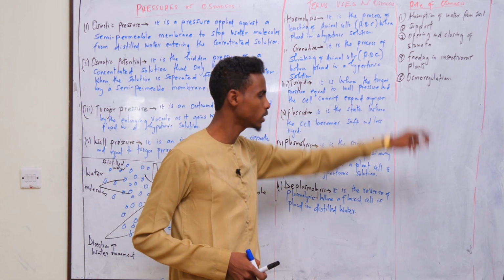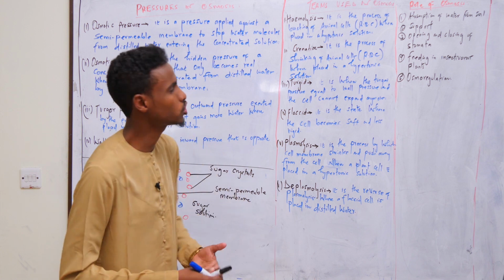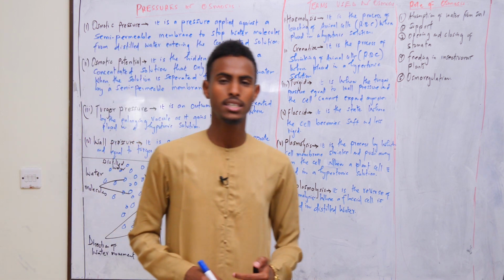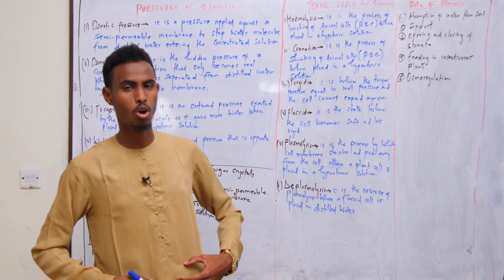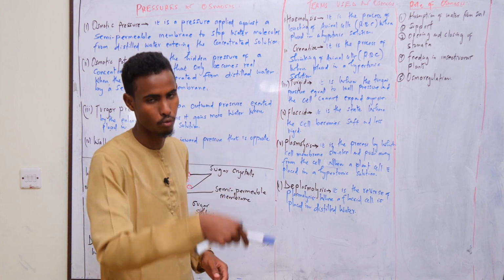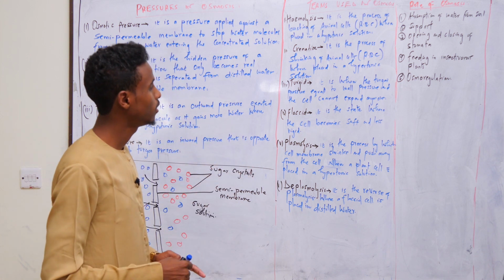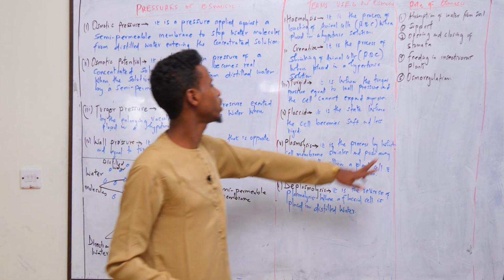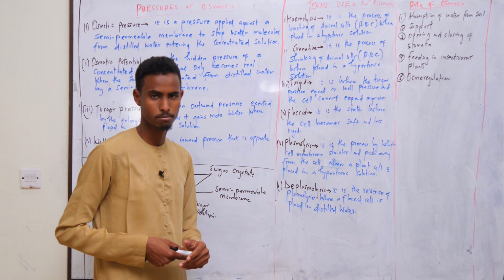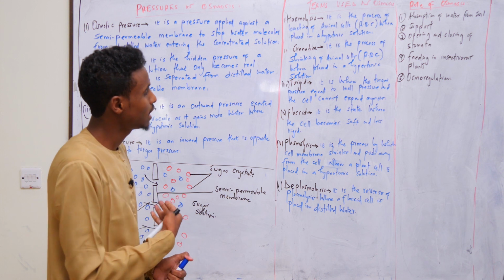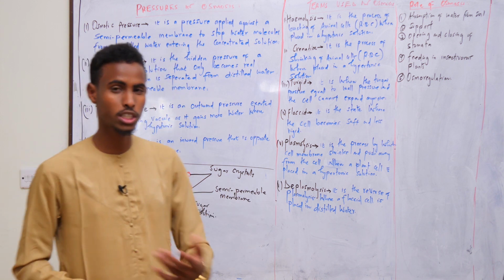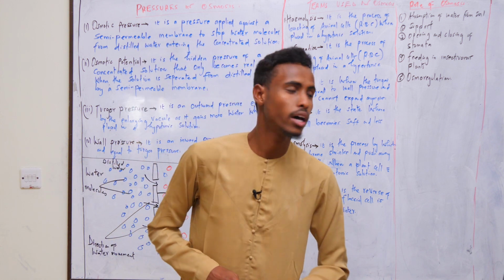Let's go to osmoregulation. Now, how does osmosis bring about osmoregulation? Class, we know that in the kidney tubules of animals, there is water reabsorption along the loop of Henle, the descending loop of Henle. When the water is reabsorbed from the kidney tubules across the tubular walls into the bloodstream, that water is used to regulate the osmotic pressure of the blood.